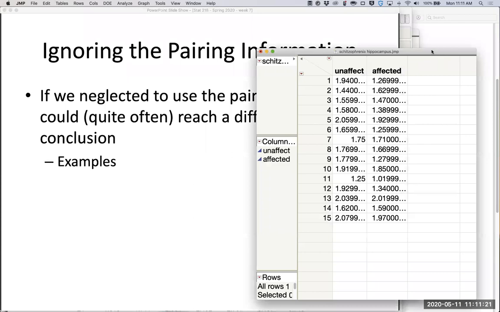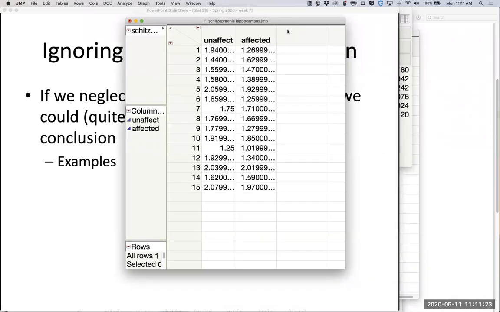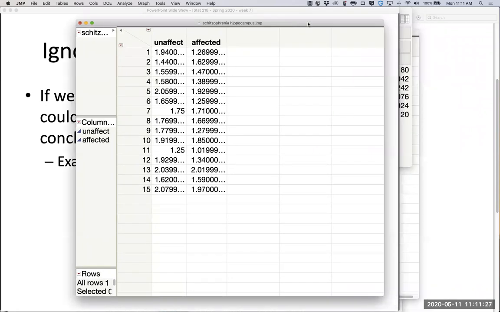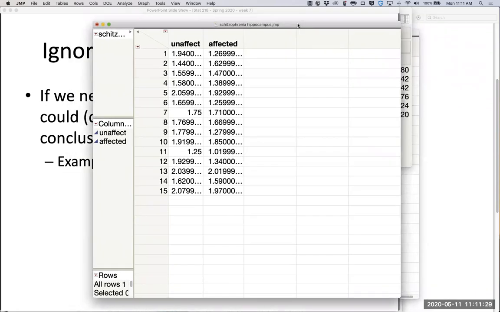So let's change things up a little bit. I'm going to change the nature of the way the data table looks, and that way you'll be able to try the two sample, independent sample hypothesis test, if you will. So I'm going to pause the recording to rearrange my data so you could see working it out. We would hit the wrong conclusion if we ignored the pairing information.